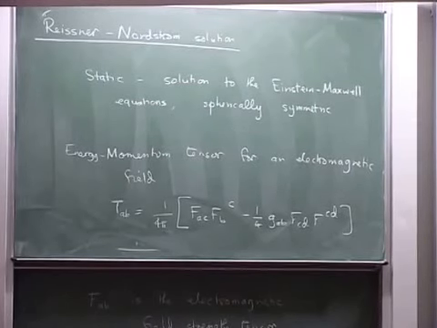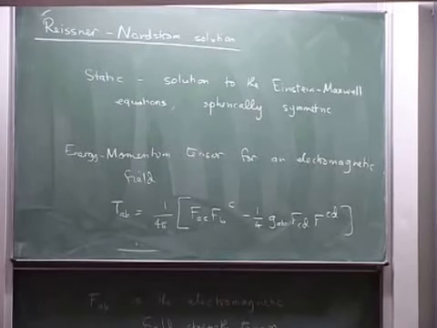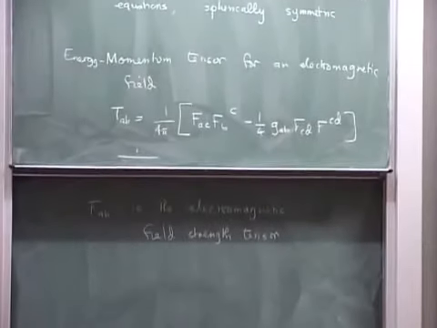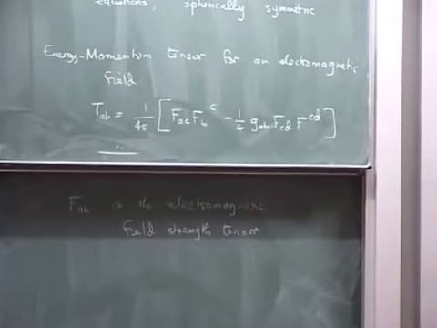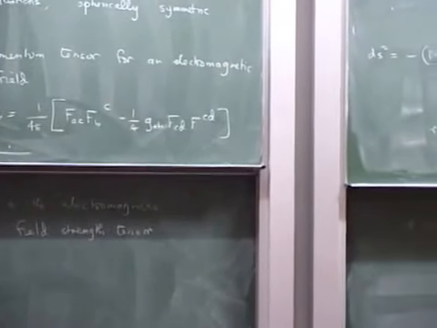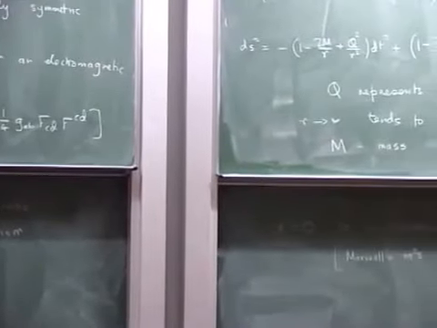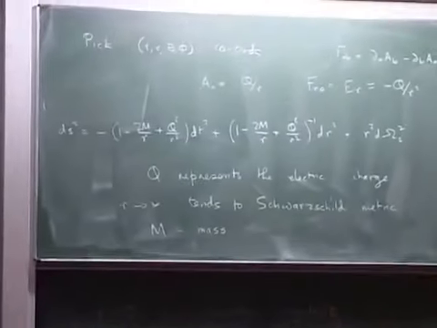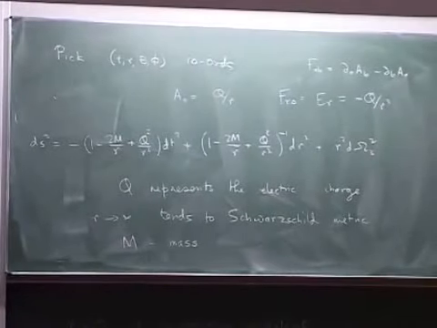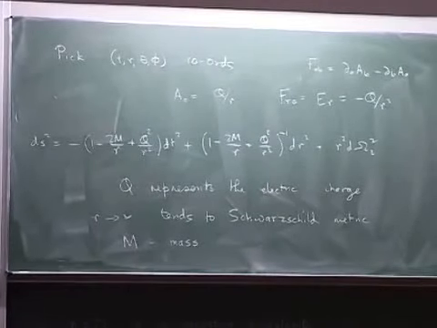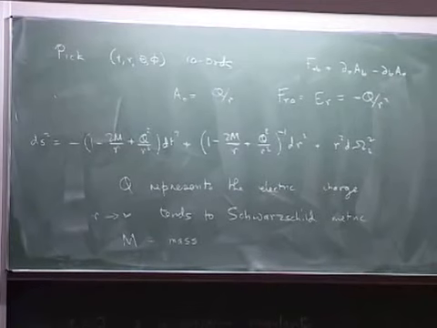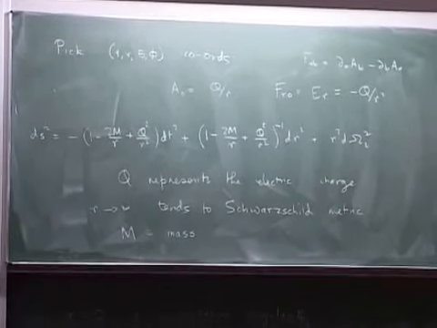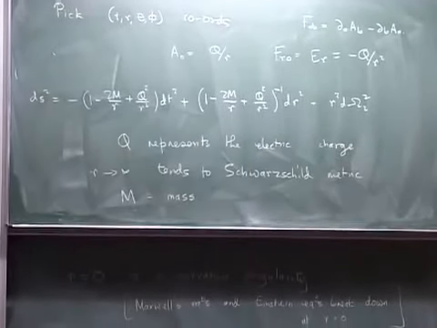There are, of course, other sources of singularity. There are the possible zeros of this function here. Those, unsurprisingly, correspond to coordinate singularities. So if 1 minus 2m over r plus q squared over r squared is equal to 0, well, you have to do a calculation to prove that it really is a coordinate singularity, but we'll do that.